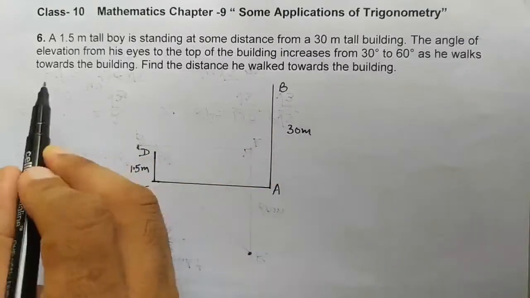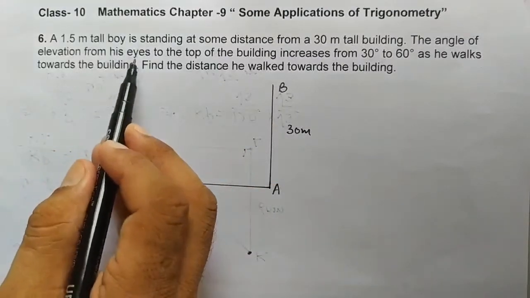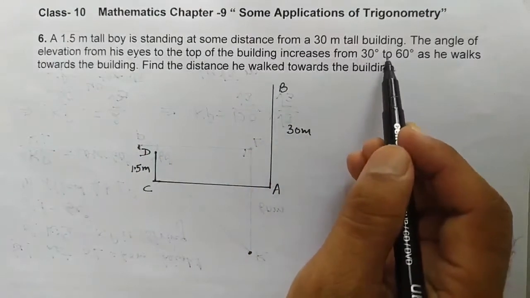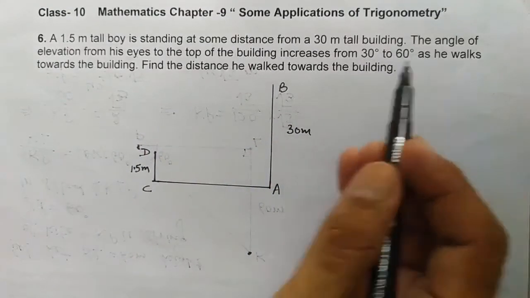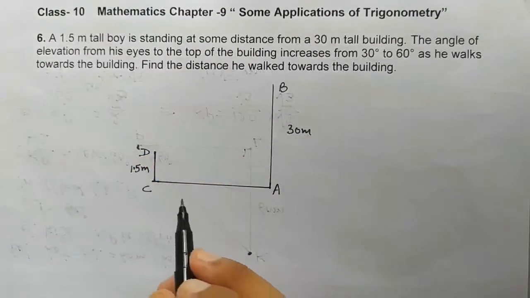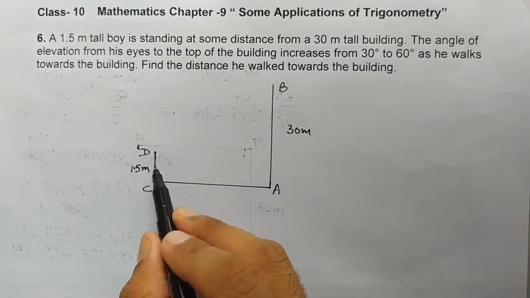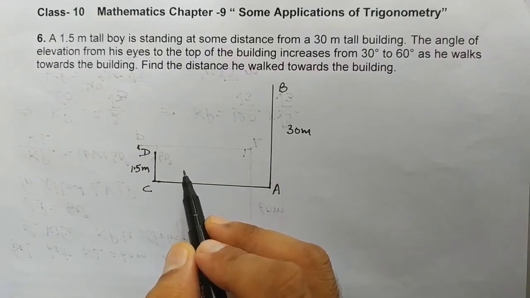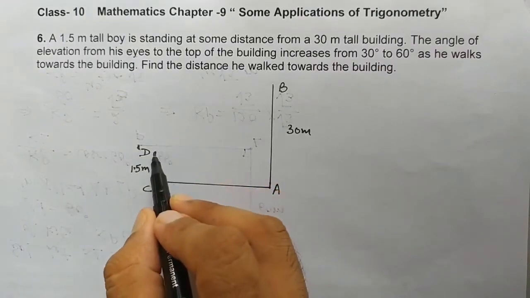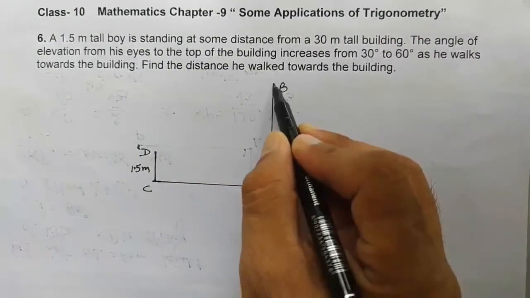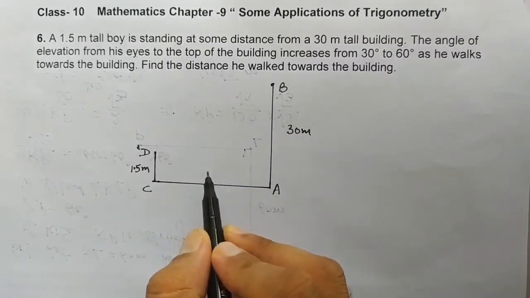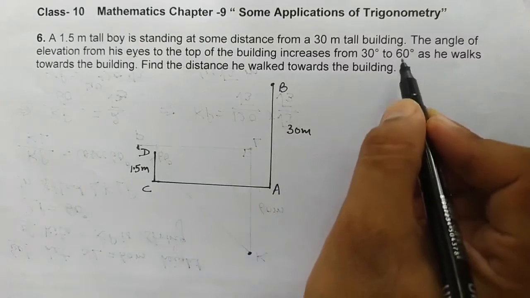Now let's read the next line. The angle of elevation from his eyes to the top of the building increases from 30 degree to 60 degree as he walks towards the building. So it is said that when this boy is walking towards the building, first of all the angle of elevation from his eyes to the top of the building was 30 degree. When he moves some distance, then the angle increases to 60 degree.